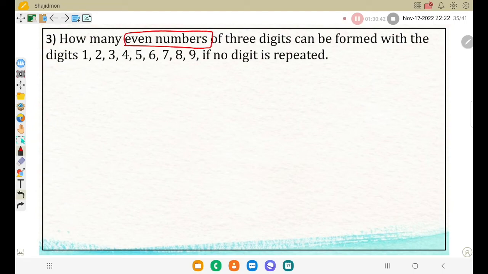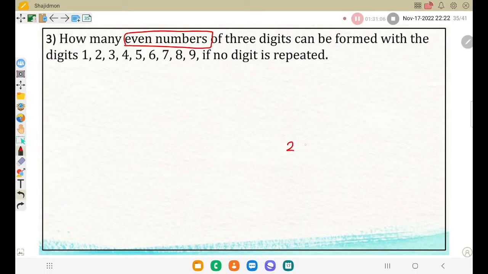Even numbers means what? 2, 4, 6, 8, like these numbers, correct? Or 12, 14, 16, 26, 46, like this many numbers are there. So how many even numbers are possible with the digits 1 to 9 if digits are not repeating? And keep in mind how we are identifying an even number.